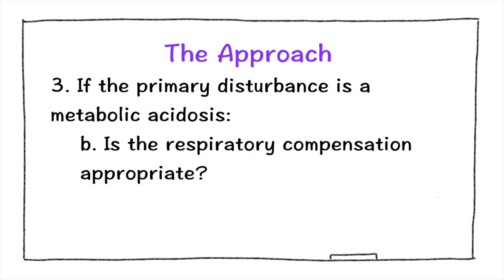Question 3b. If the primary disturbance is a metabolic acidosis, is the respiratory compensation appropriate? In the second, we return to respiratory compensation, where a yes or no is not enough, though often a temptation. The degree of compensation should be always in proportion to the level of the bicarb's metabolic distortion.